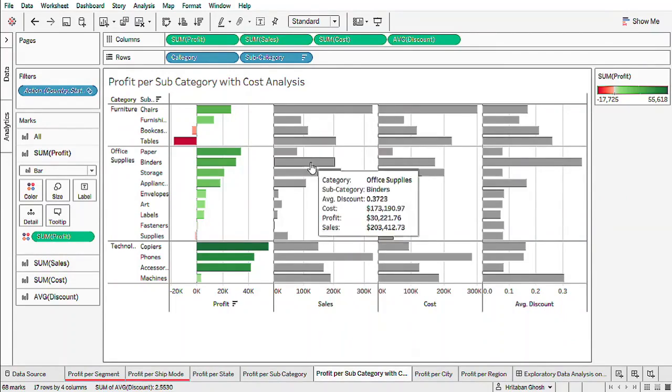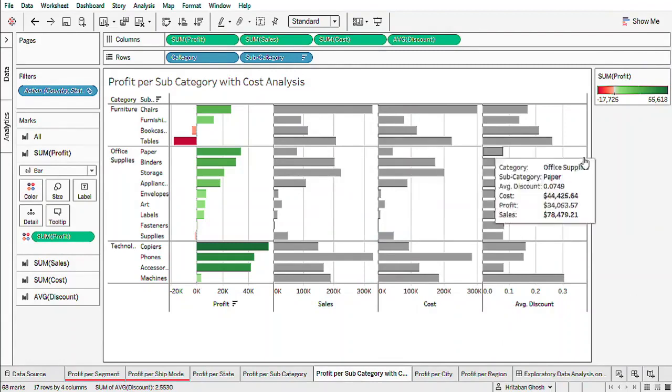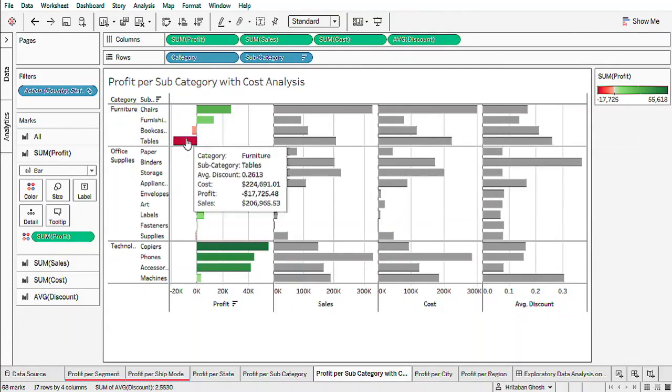The selling price of tables, binders, and machines are similar, but the cost price of machines and binders are much less than that of tables. And that is why even upon giving higher discounts on them, they still incur profit, whereas upon giving a higher discount on tables, it incurs a loss. And this tells me that if I properly control my selling price and my discount, I can bring them all into the profit zone.